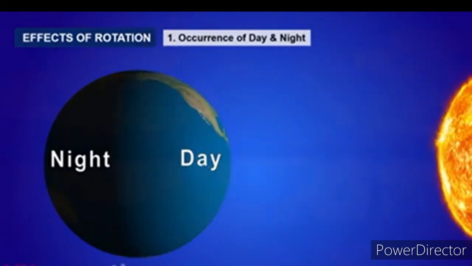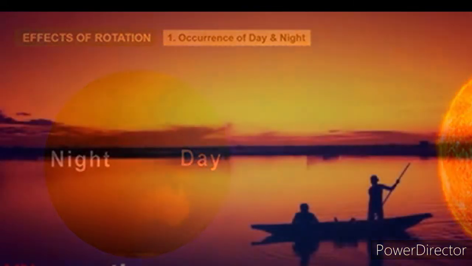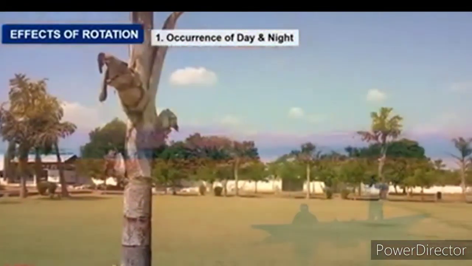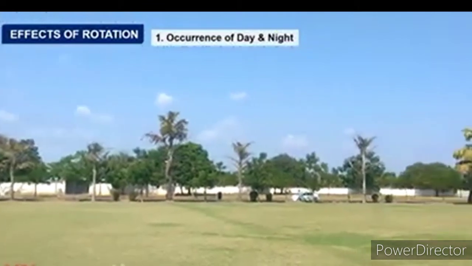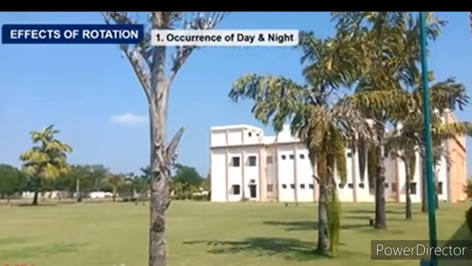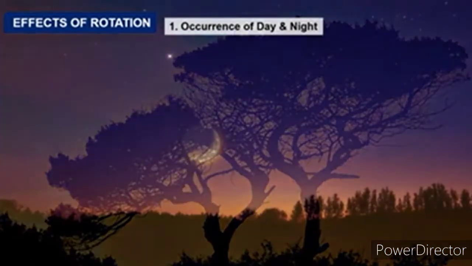As you wake up in the morning, you notice that the darkness of the night gradually fades away with the break of the dawn. Gradually, the sun rises in the east and lights up the earth for the entire day. In the evening, the sun sets in the west and night approaches after dusk.